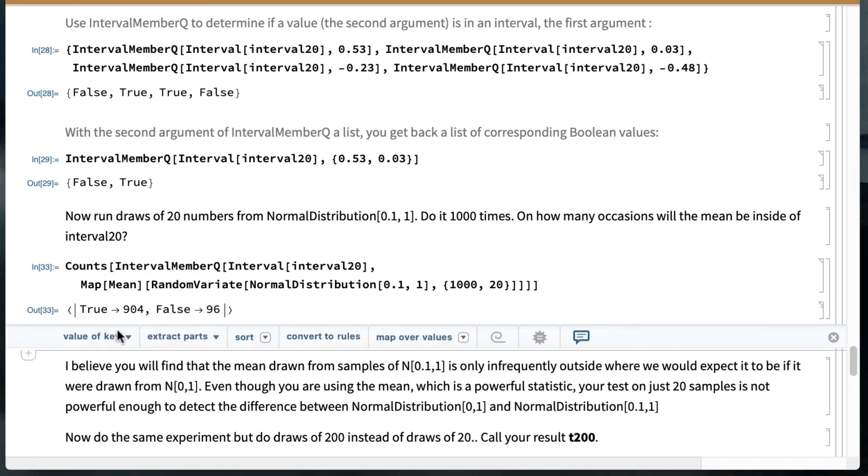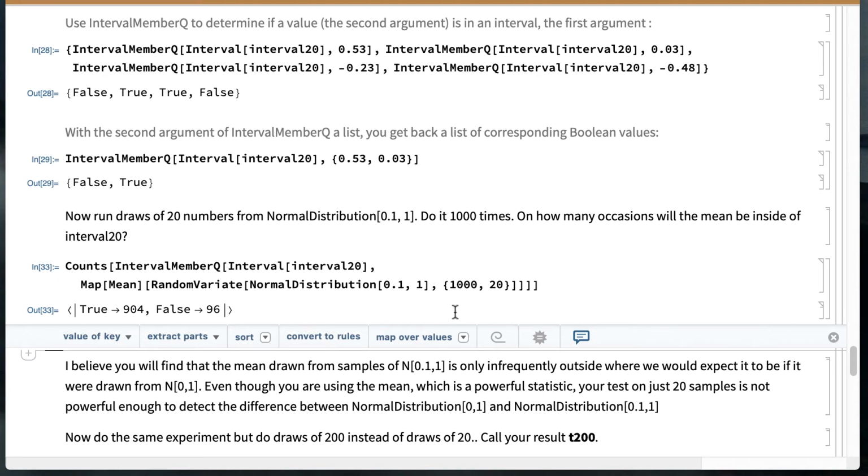And what we find is that most of the time it lies inside the interval we computed before, and therefore even using the mean, which is a pretty powerful statistic, isn't good enough to detect draws from slightly different distributions. It just can't be done.